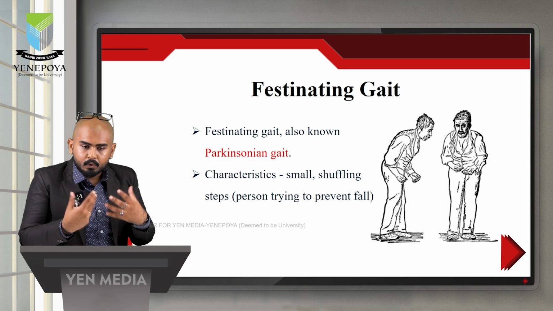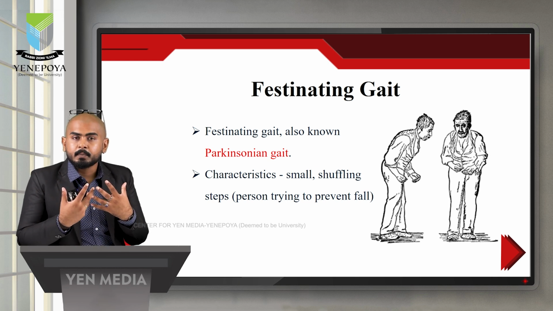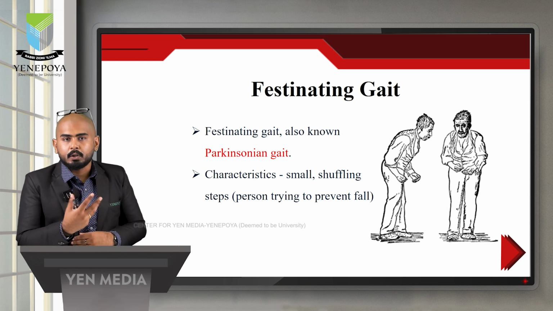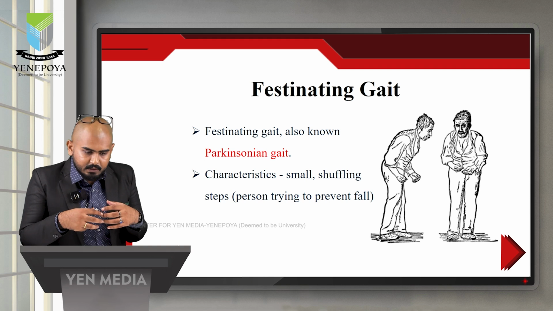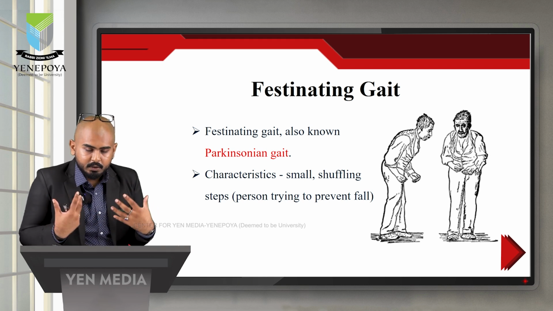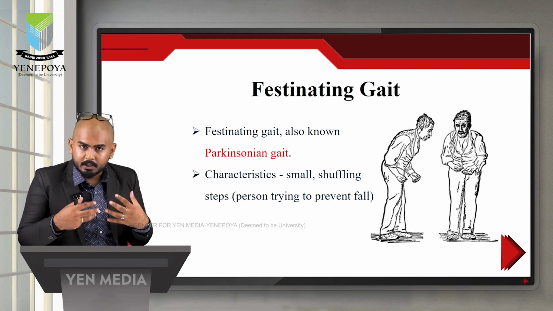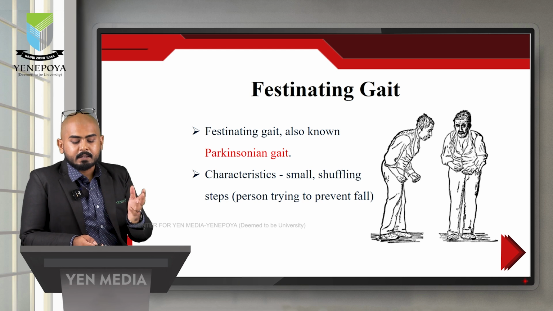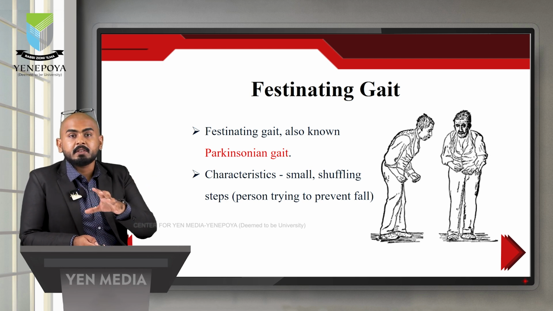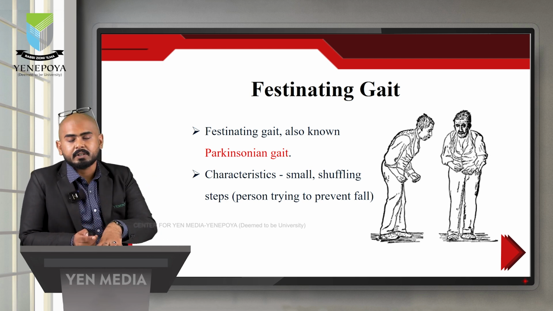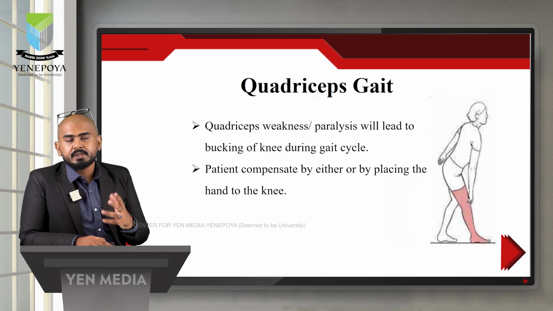They tend to slouch forward because they always have a fear of falling. So they walk bringing their shoulders forward, taking small steps, and shivering the whole time. The gait that comes with later stages of Parkinson's is festinating gait. Coming to quadriceps gait.